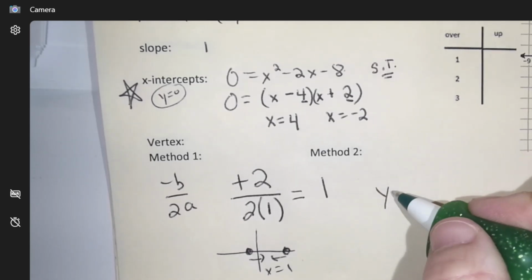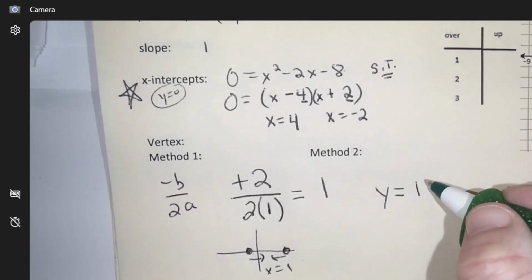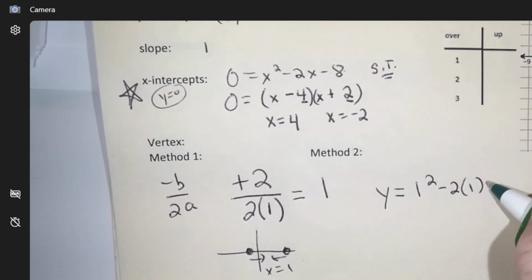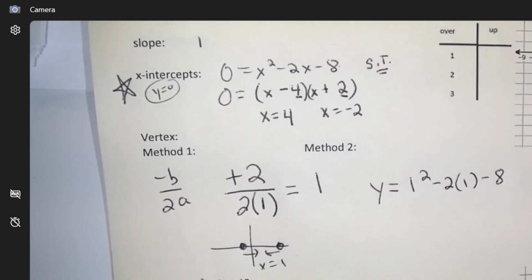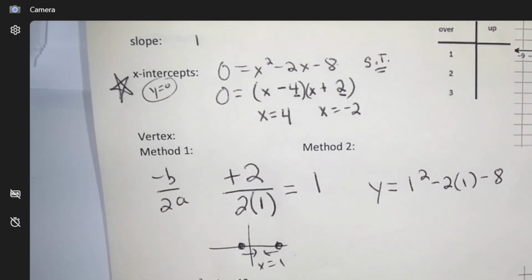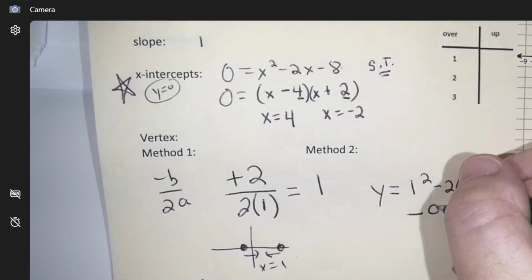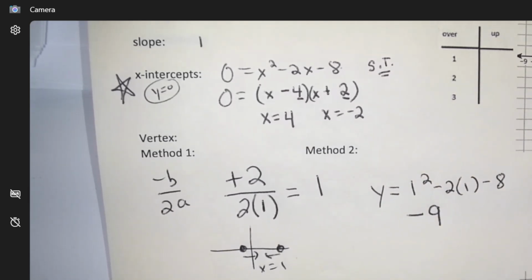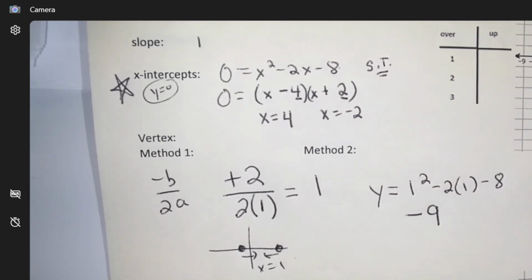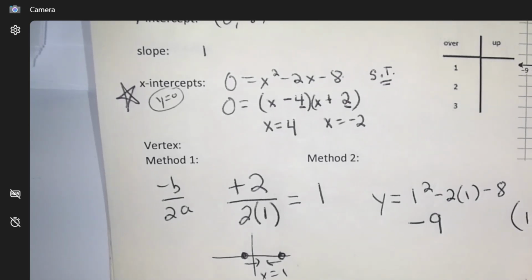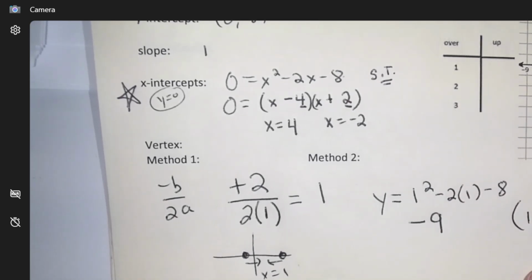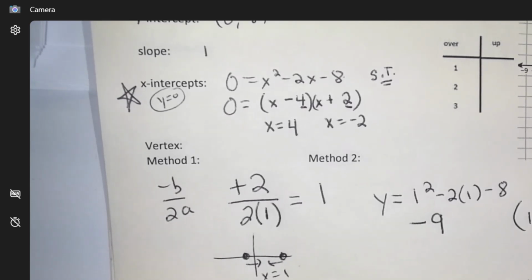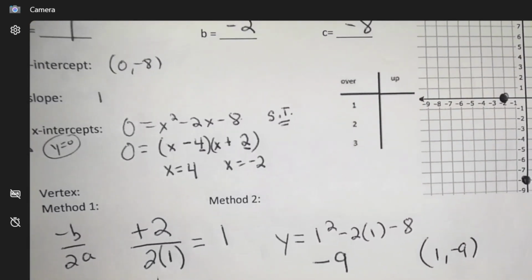And now what do you have to do? I need you to plug it in. I'm just going to give you this to save some time so you can have more time to work. So calculator, negative 9. So vertex, does that fit in the puzzle?